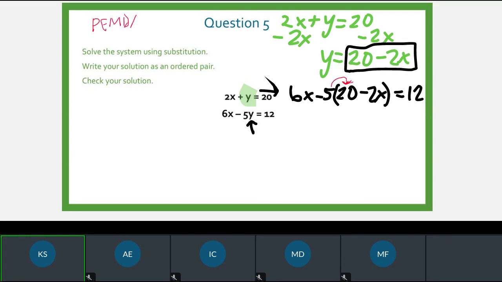I don't know if you remember that from your previous school. We have to get rid of parentheses. We have 20 minus 2x. We have to get rid of that. So we have to multiply this negative 5 by 20 and by negative 2x. So what is negative 5 times 20? Go ahead and put that in your calculator.